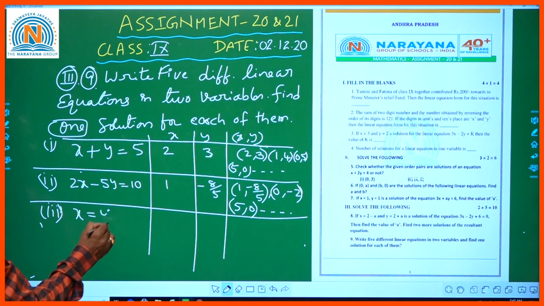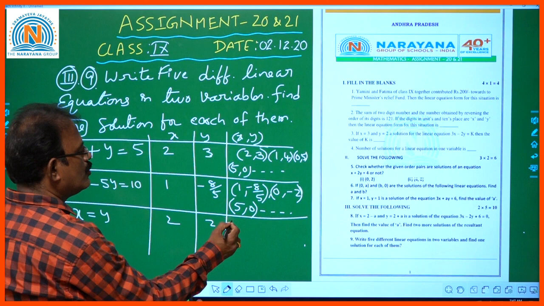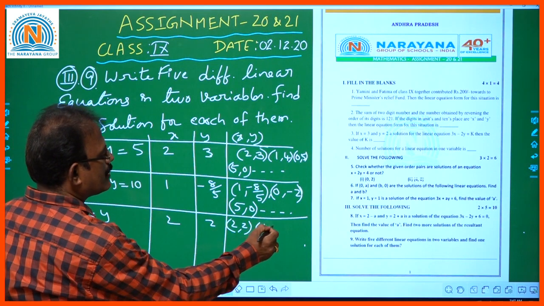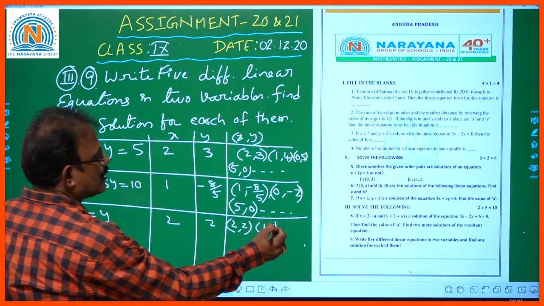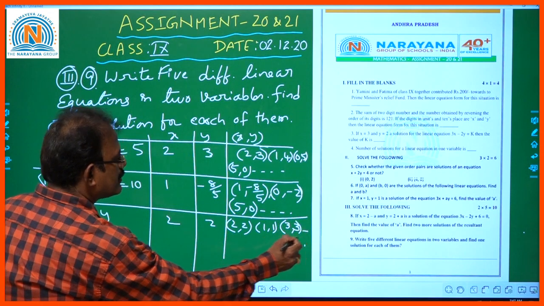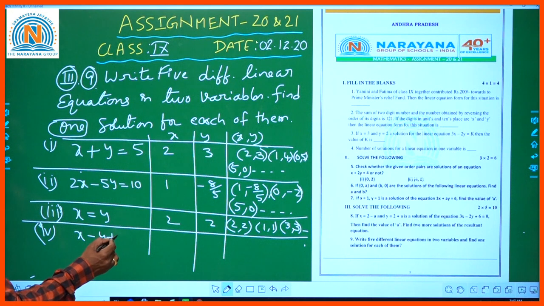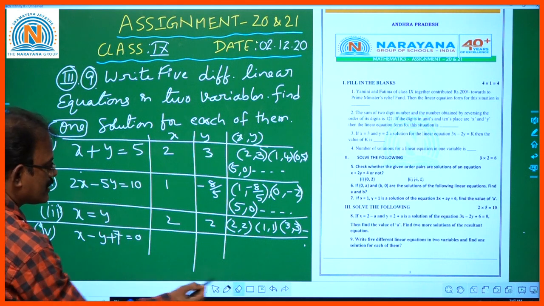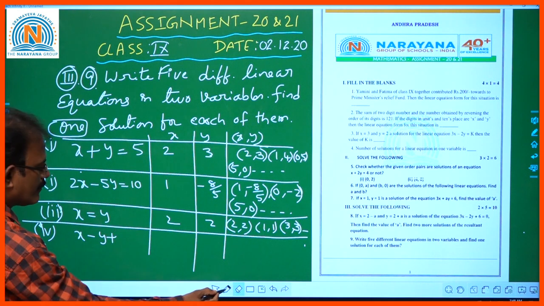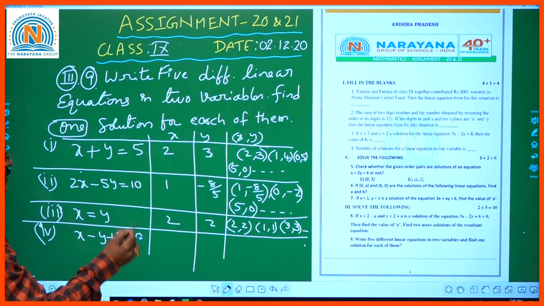Third one, x is equal to y. It is also one of the linear equations. If you take 2 comma 2, 1 comma 1, because both are the same, no? And 3 comma 3, like that. And if you take the fourth one, say for example, x minus y plus 9 is equal to 0.